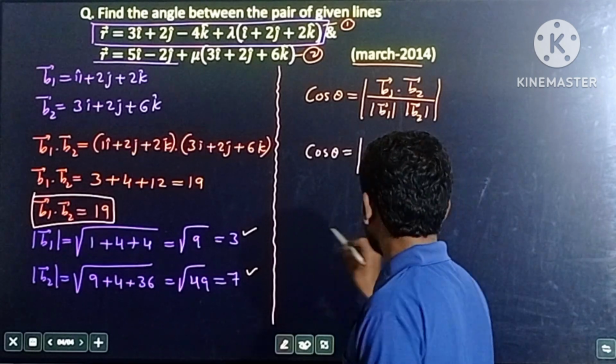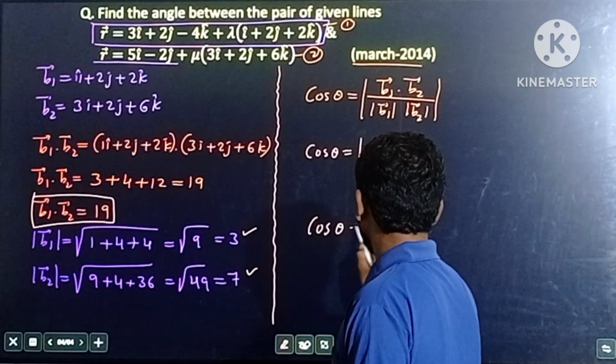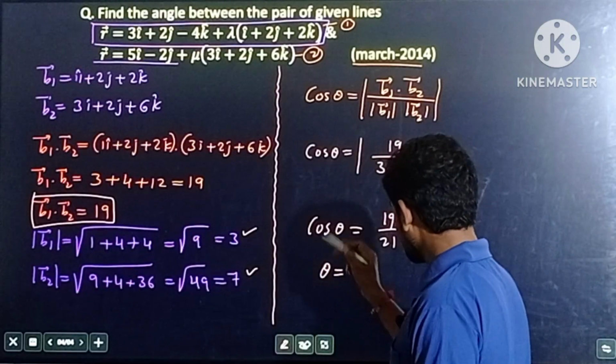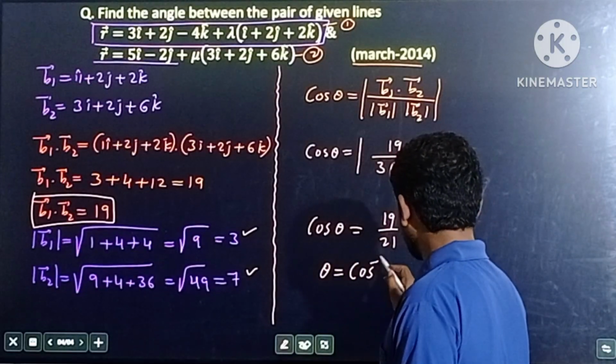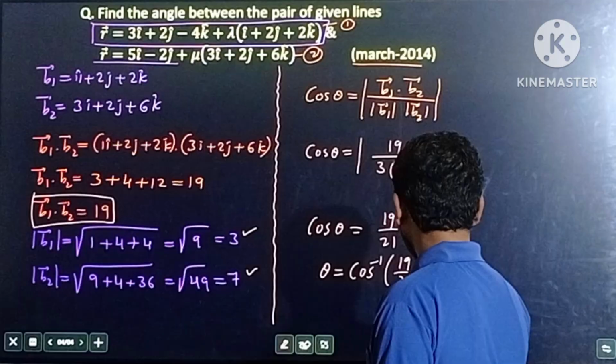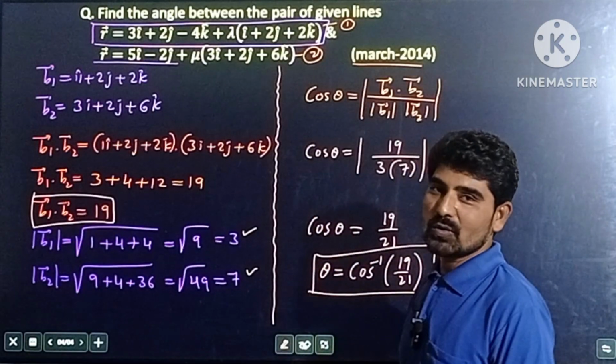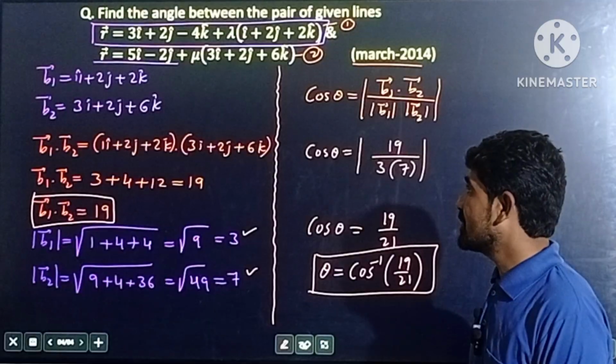Therefore, cos theta equals 19 divided by 21. Hence, theta equals cos inverse of 19 divided by 21, which is the required angle between the given two lines. I hope all of you understood.